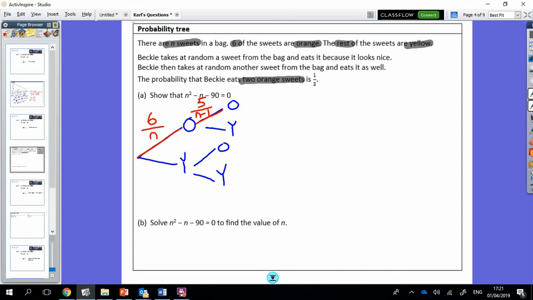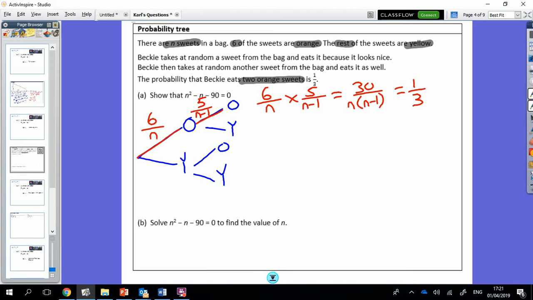On a probability tree, to go along the tree we multiply the 2 probabilities, because it is the probability the first sweet is orange and the probability the second sweet is orange. Multiplying fractions, that simplifies to 30 on the numerator and n minus 1 on the denominator. We also know though that that probability is equal to 1/3.